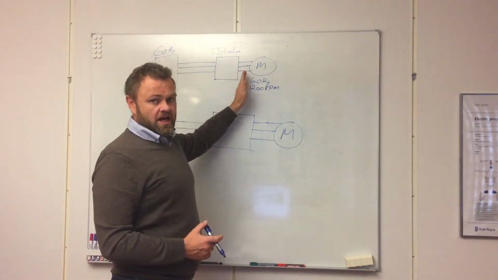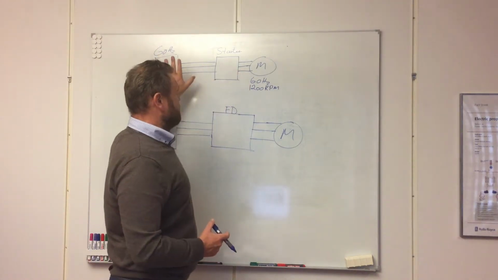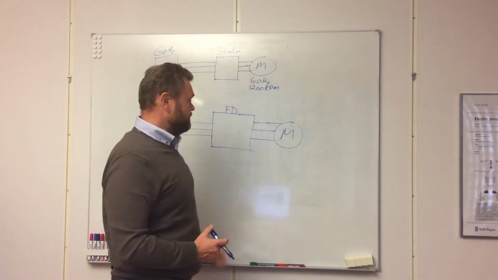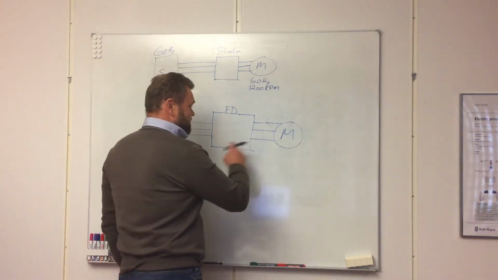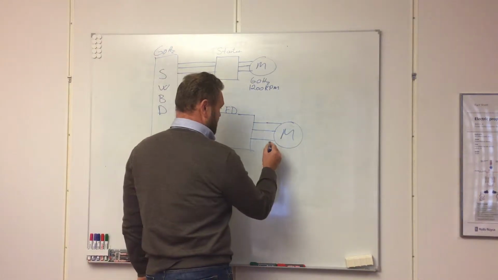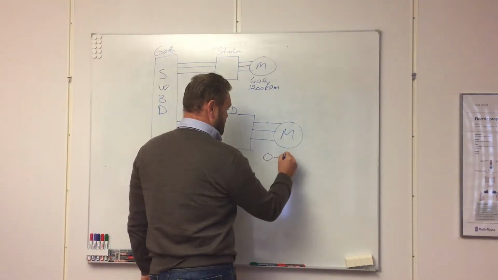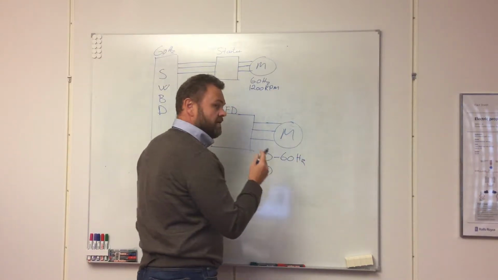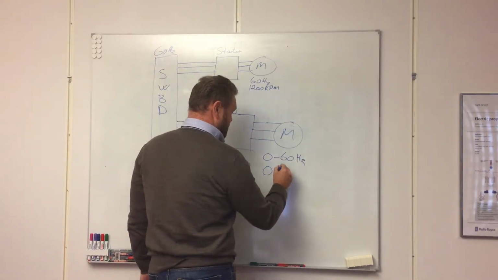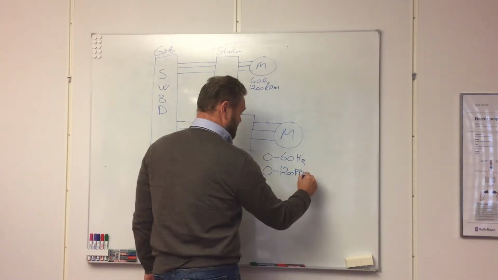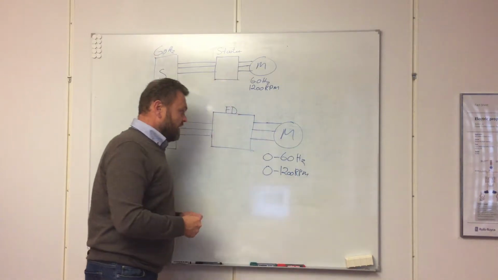So once it is connected and started up, it will run constantly at 1200 RPM. This motor, however, connected to a frequency drive, will have an input of 0 to 60 Hertz and therefore 0 to 1200 RPM.